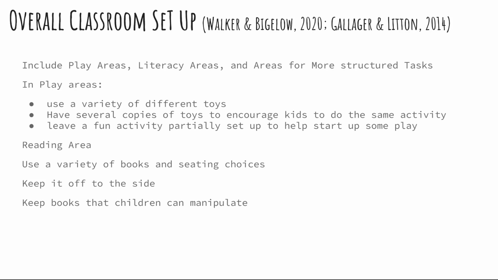The next part, and this is a wonderful thing, is you want your reading area to have lots of different books. And I know we have an author in our classroom, so I don't really have to go on and on about how you need lots of different books, and particularly books that show a lot of different types of children. So you really want books that kids can see themselves in. So if you have Black students, you want books that have Black kids in them. If you have disabled students, it's really nice to have books that have disabled children in them.